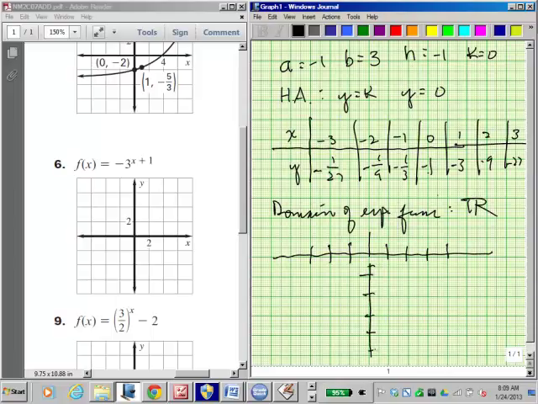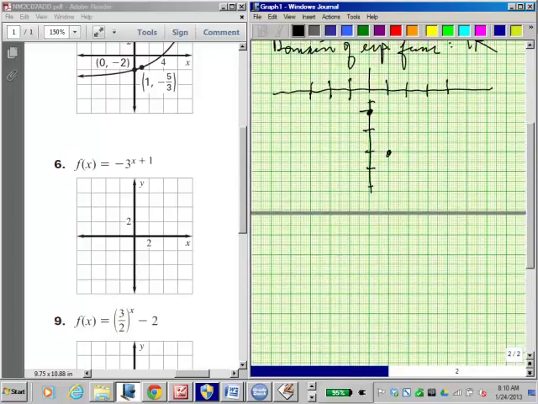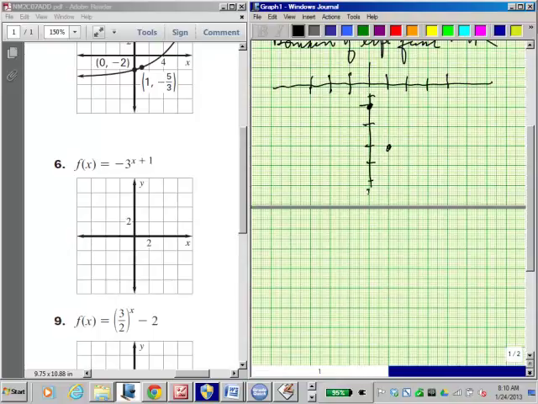Okay. So -3, -1/27. Well, that's like there. -1/9. That's like that. -1 is -1/3. That's a little bit easier to graph. 0 is -1. Okay. 1 is -3, and that's about all I can get onto my graph here. I can scroll down a little bit and continue it further.